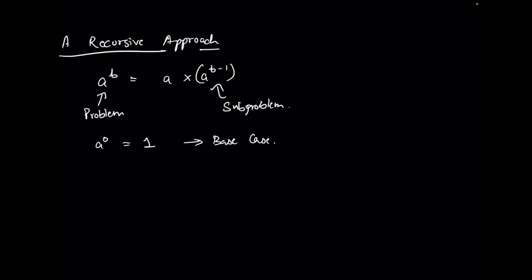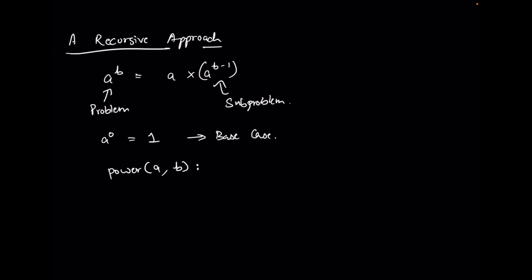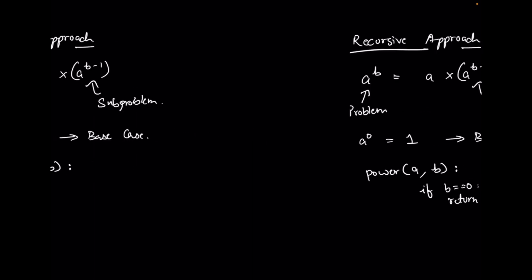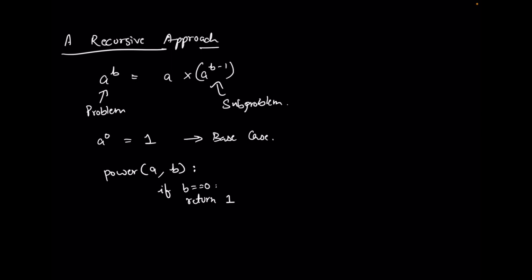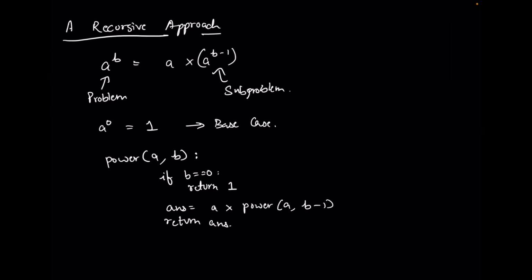Now, based on these facts, we can build our recursive function power of a comma b, which basically calculates a to the power b, right? In this recursive function, first we write our base cases. So if b is equal to 0, then we return 1. But if b isn't 0, then we can directly say that answer is going to be equal to a into power of a comma b minus 1, right?